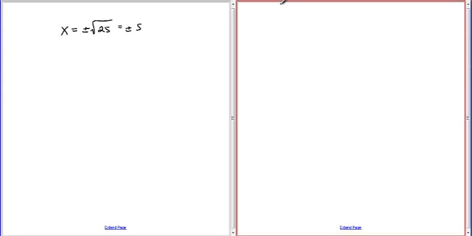Okay, the next problem is 18. So this one is in standard form again. So this one should be fairly easy to sketch. In terms of where the vertex is, the vertex is basically how we shift it.